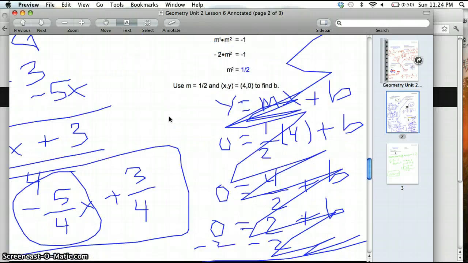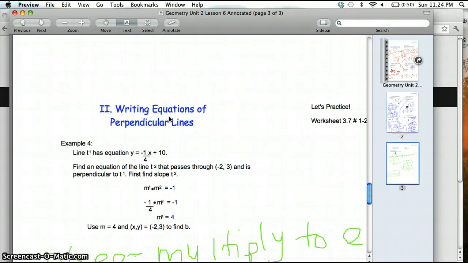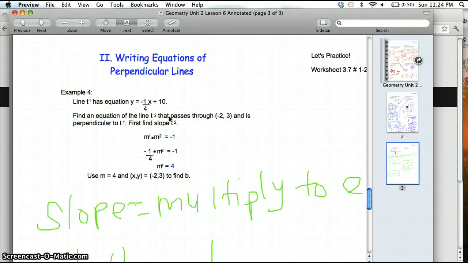Okay? All right. Now let's look down at example number 4. It says line T1 has the equation y equals -1/4 x plus 10. We now want to write the equation of a perpendicular line. So it says find an equation of the line T2 that passes through (-2, 3) and is perpendicular to T1.